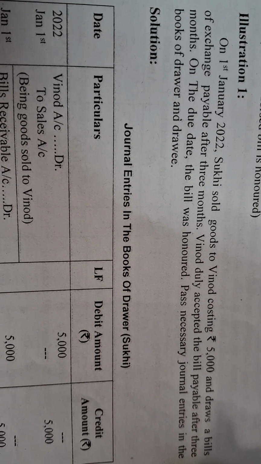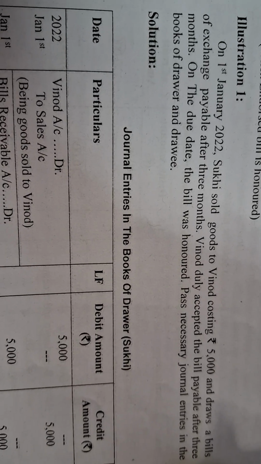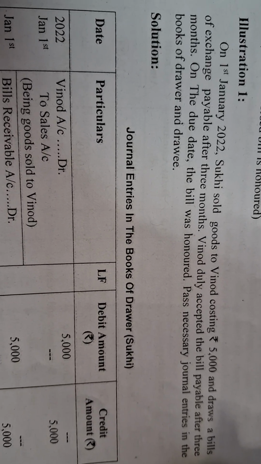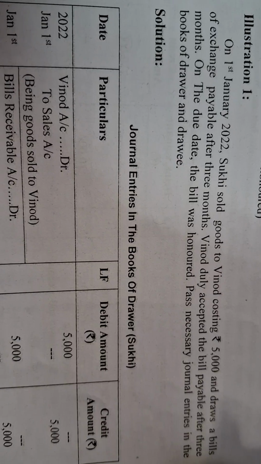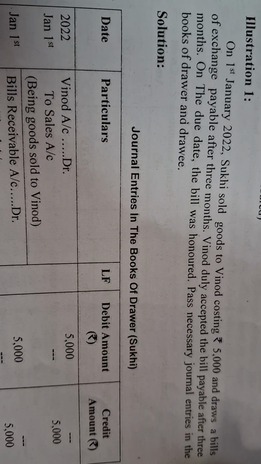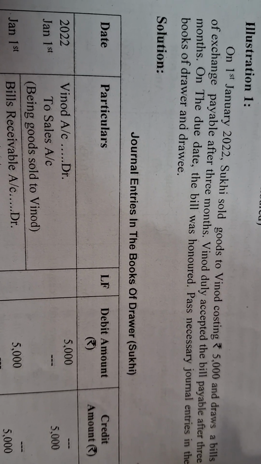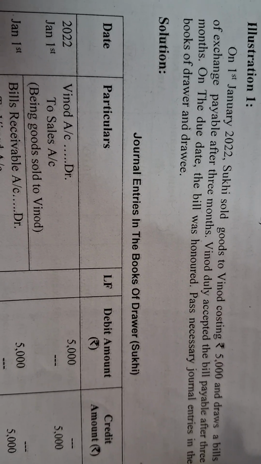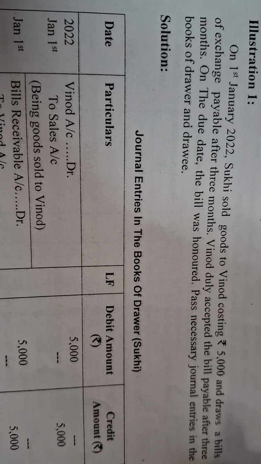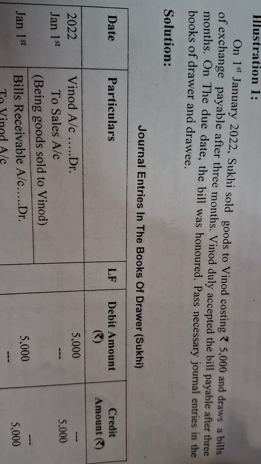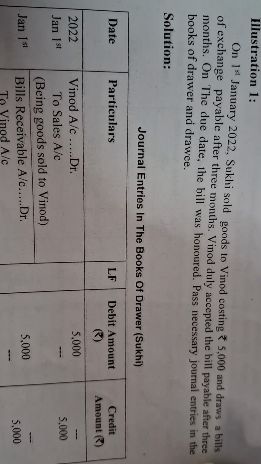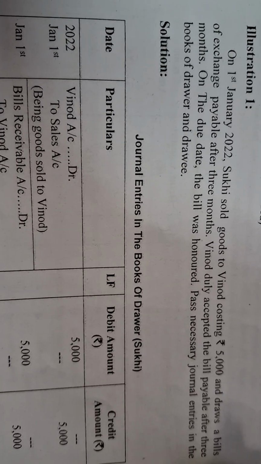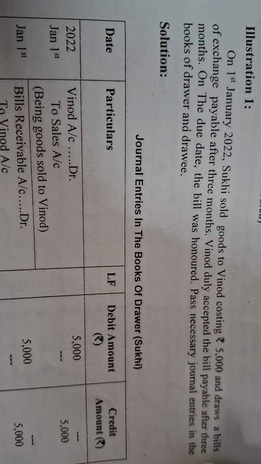Why? Because the first sentence gives us the transaction that they have sold the goods. So when a sale has taken place, the journal entry will be Vinod account debit to sales account, being goods sold to Vinod for rupees 5,000. That sales entry is a normal general journal entry which we will record here.